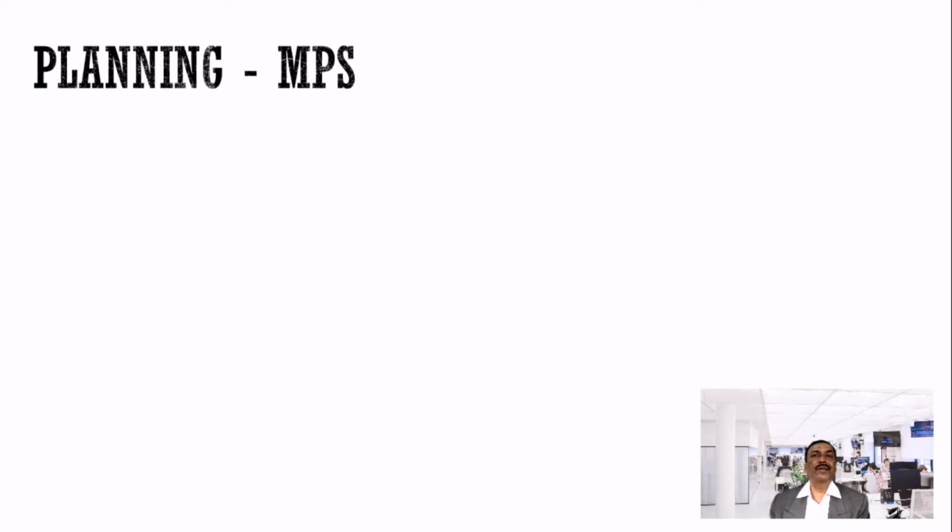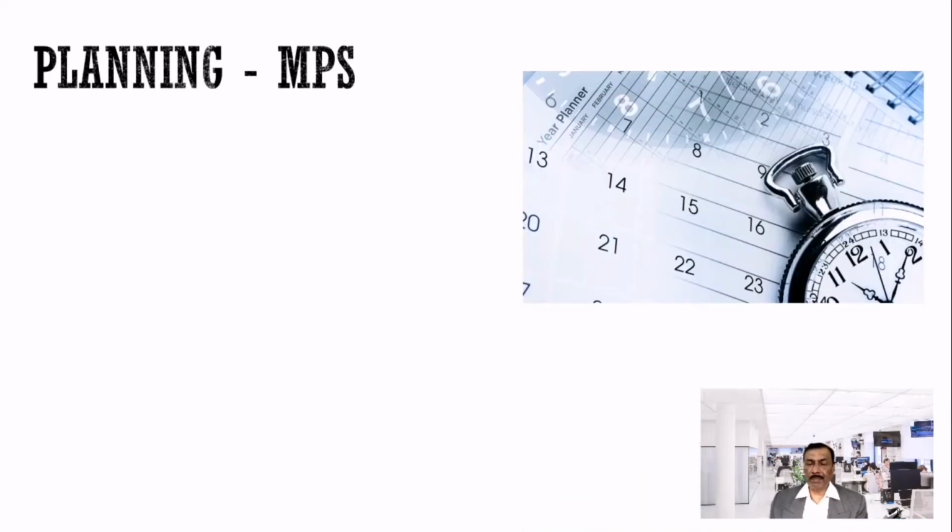So in this process we are trying to manage a volume with the mix. Product family we are trying to break down into end products. Here also we are not talking about components, we are trying to break the product family into respective products. That's what happens in MPS, master production scheduling. This is also called mix planning.